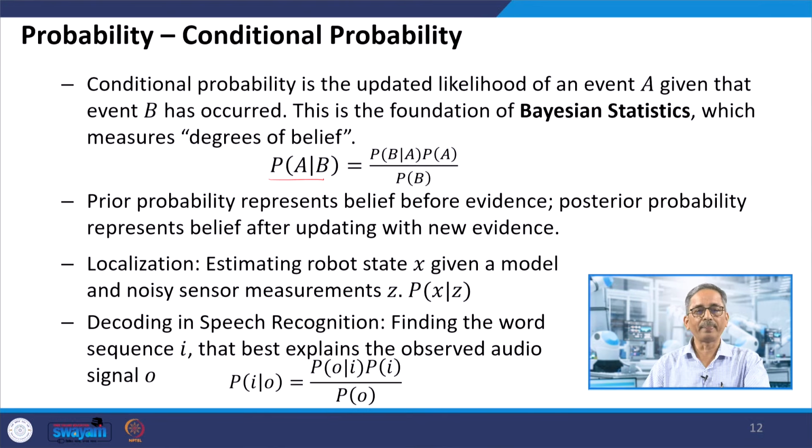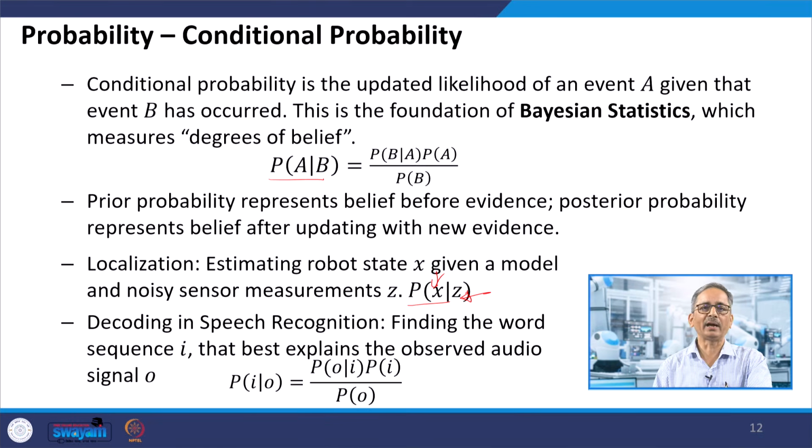And these concepts we can use for localization. For example, estimating robot state X given a model and noisy sensor measurement Z. So, here I am given the sensor measurement Z and I am interested in locating the state of the robot, X, so that I can represent by the conditional probability.